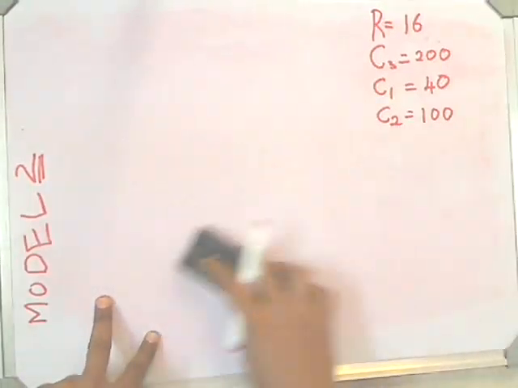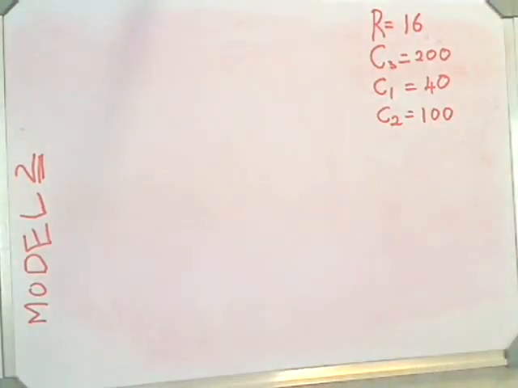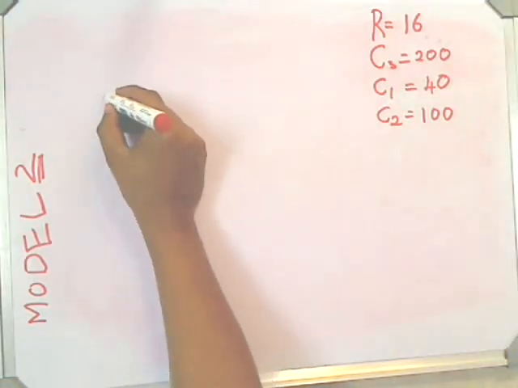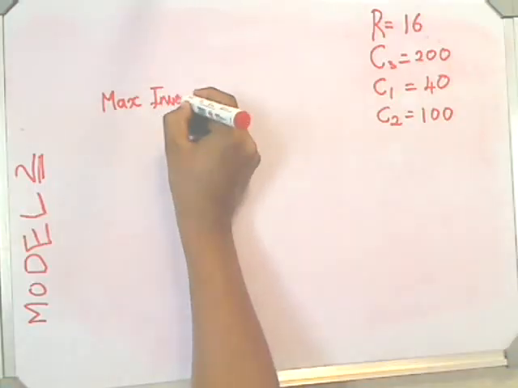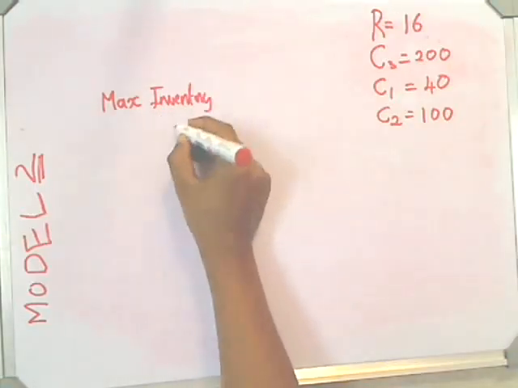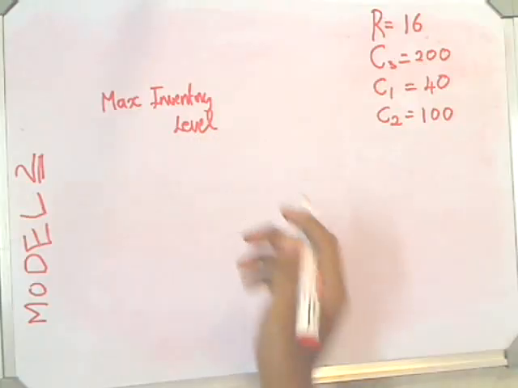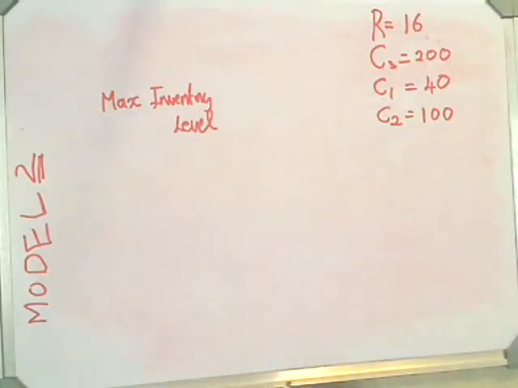Now, coming to the remaining formula in model number 2, you now have the maximum inventory level. In the previous one, the maximum inventory level would be nothing but EOQ, around 13 tons.